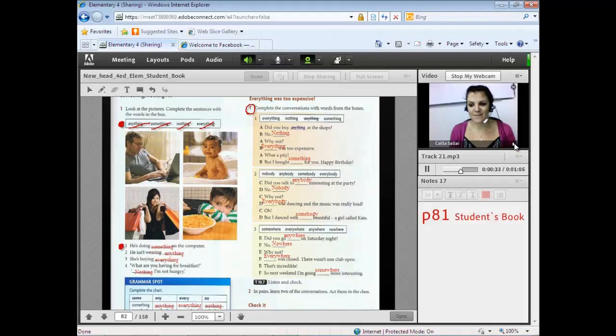Why not? Everybody was dancing and the music was really loud. Oh. But I danced with somebody beautiful, a girl called Kate. 3. Did you go anywhere on Saturday night? No, nowhere. Why not? Everywhere was closed. There wasn't one club open. That's incredible. So next weekend I'm going somewhere more interesting. Oh.